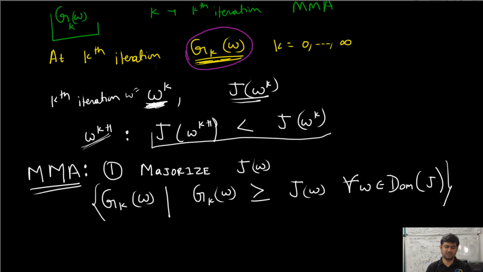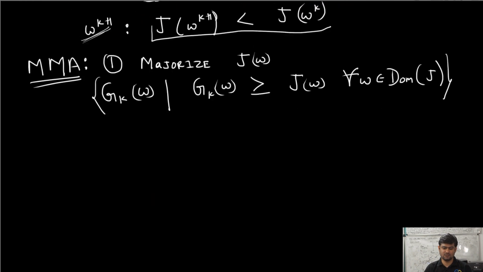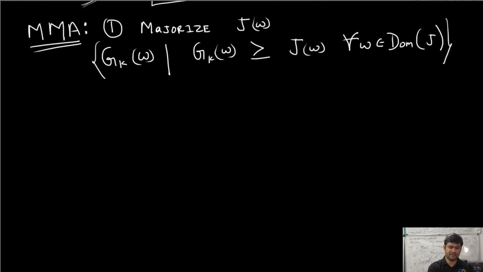So we majorize j, the original loss function, which means that we find a function gk that is an upper bound for the original loss function j of w. What upper bound means is that this new function gk will have a higher or equal value compared to j of w for all w belonging to the domain of the function j.